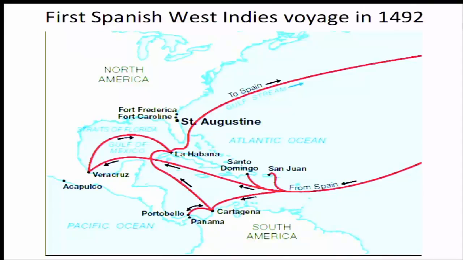So for them, this whole shipping business to and from the Americas was an extremely important resource, and they kept very good track of every single ship that they sent out, every single ship that wrecked, where it wrecked, when it wrecked, why it wrecked. So there are very good records of how many Spanish ships wrecked in the Caribbean since 1492.